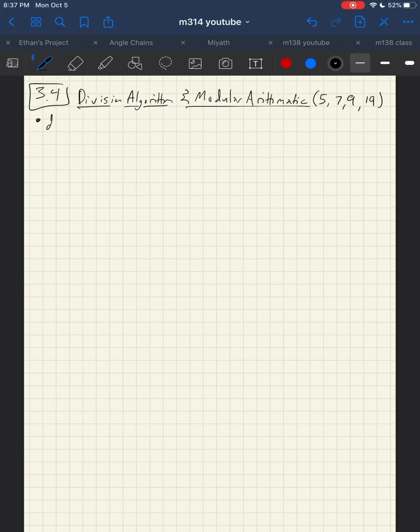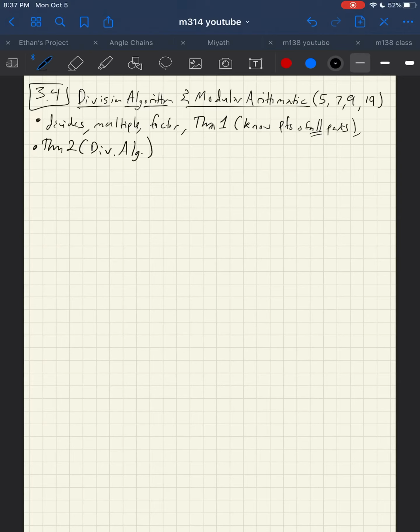So there's a laundry list of topics in this section. We've got divides, multiple, factor, we've got Theorem 1, and I'm going to say no proofs of all parts. We've got Theorem 2, which I'm going to call the division algorithm, and we don't need to know the proof of the division algorithm.